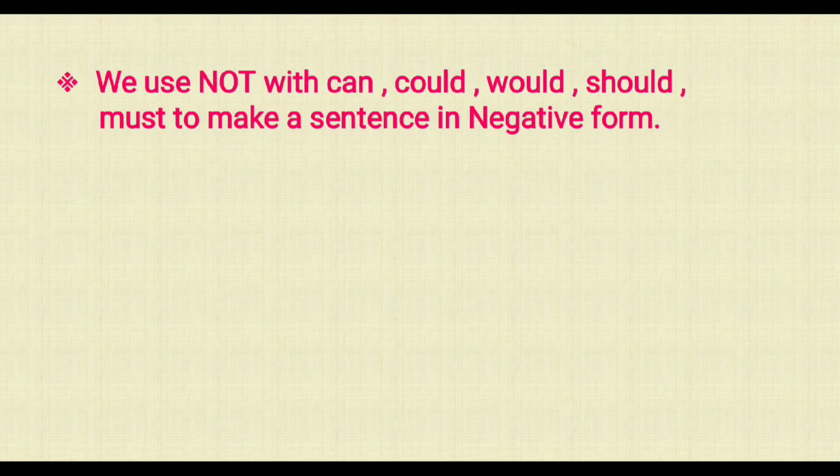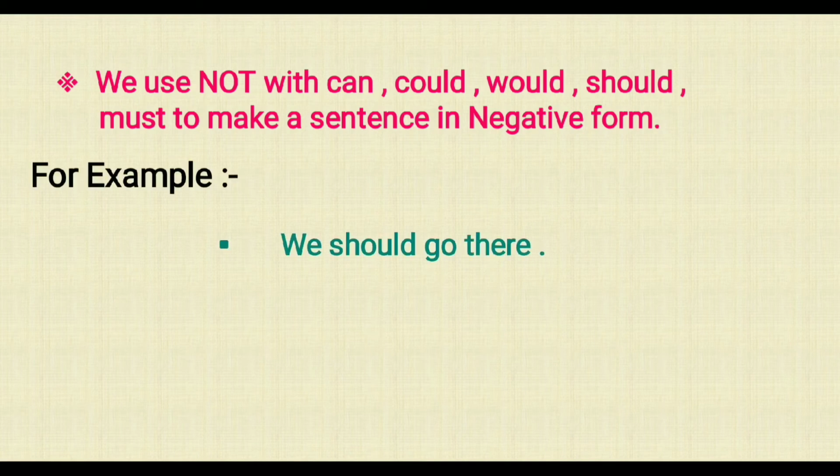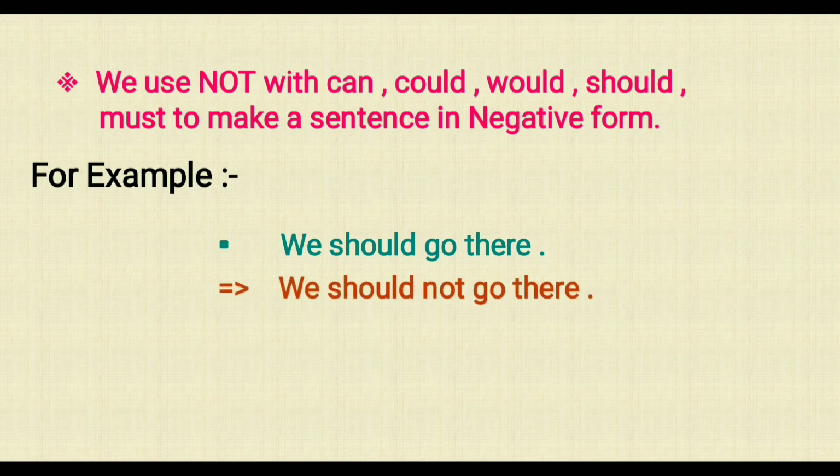Then "cannot," "could not," "would not," "should not," "must not" make it negative. Let's see examples of this rule. "We should go there." Here "should" is the helping verb in the sentence. Then what can we do? We write "We should not go there." That will be the answer.